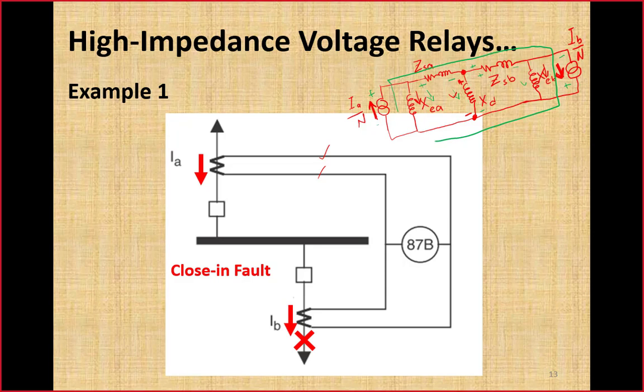But what happens if one of the CTs, for example this CT in circuit B, gets completely saturated? What is meant by CT saturation? Here it is important to understand. Here is the magnetizing characteristic of core material. This is the linear region. Here we have the knee point, and then finally here the saturation region.